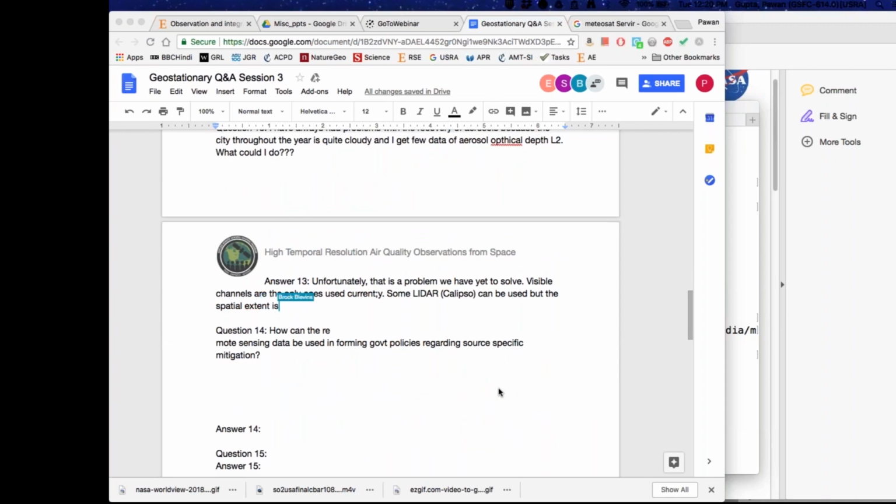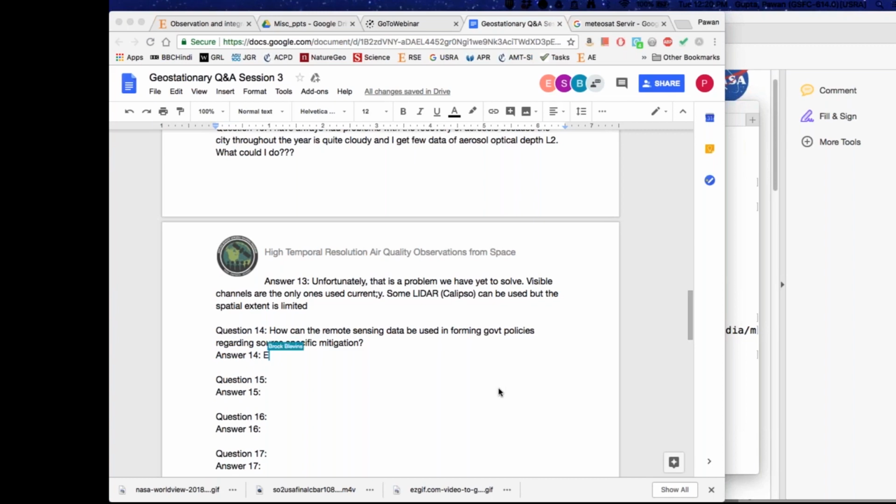Question number 14. How can remote sensing data be used in forming government policies regarding source-specific mitigation? I'm not familiar exactly with how you can use them, but I will give you some examples where various government agencies have been using remote sensing data.